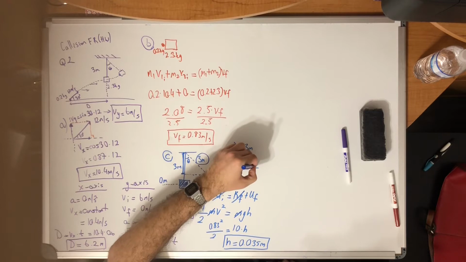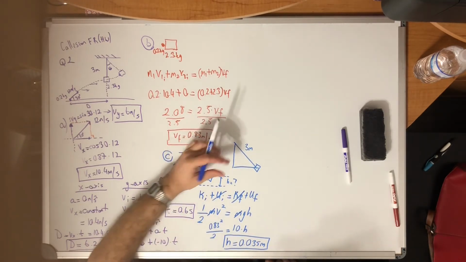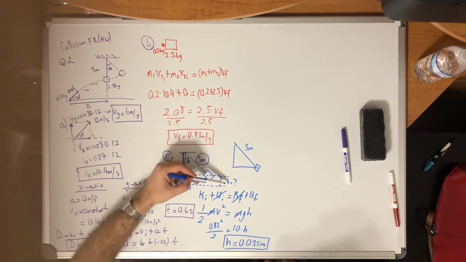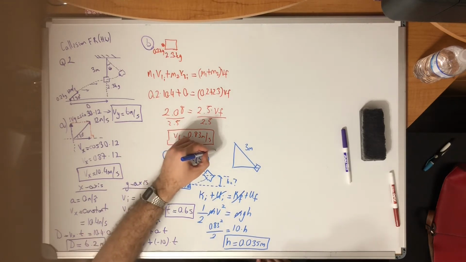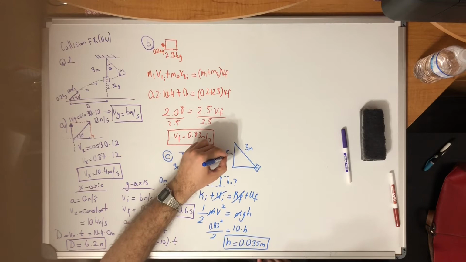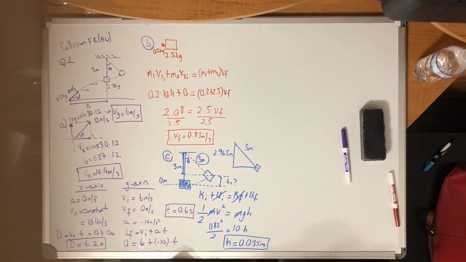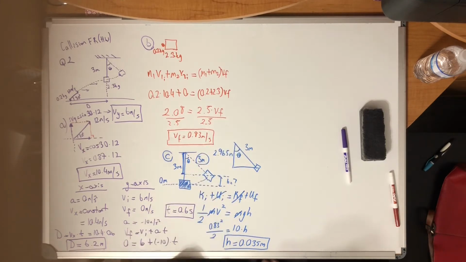So this length right here is 3 meters minus 0.035, and once you subtract, you will find it's 2.965 meters.